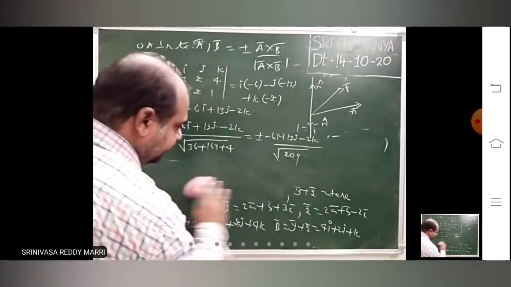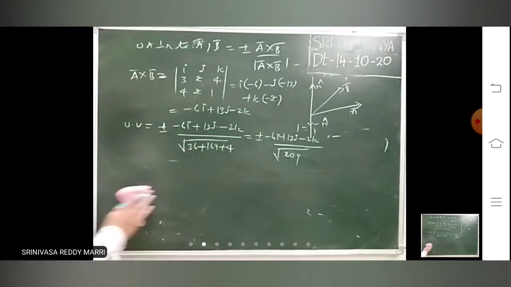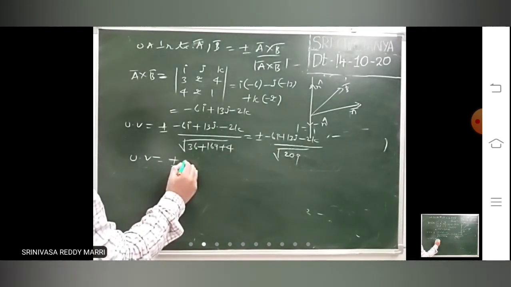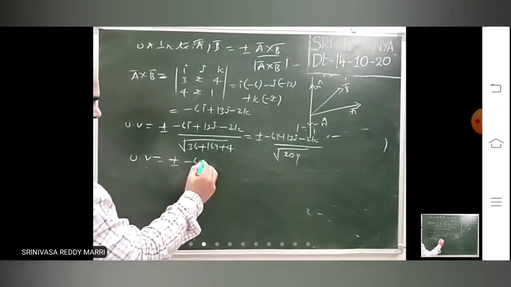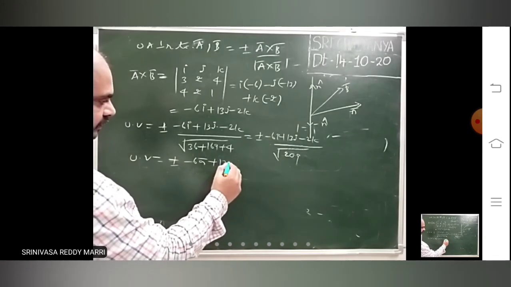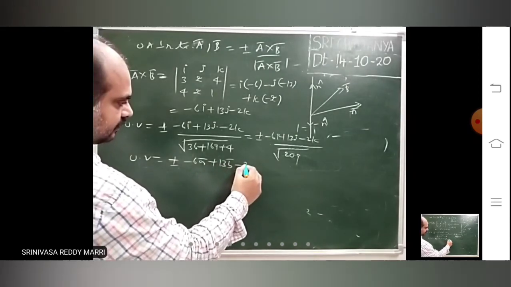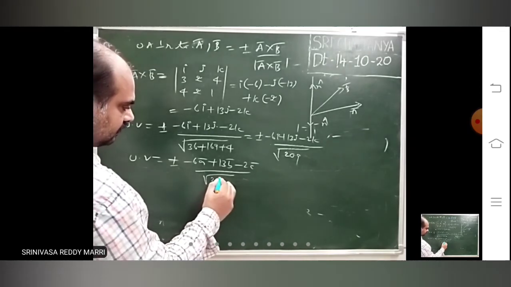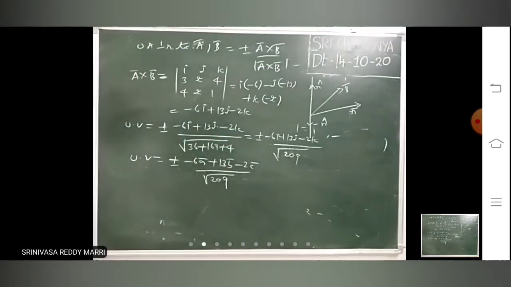Therefore, now you want to write in terms of A bar, B bar, C bar. Replace I by A bar, divided by root of 209. That is the answer.